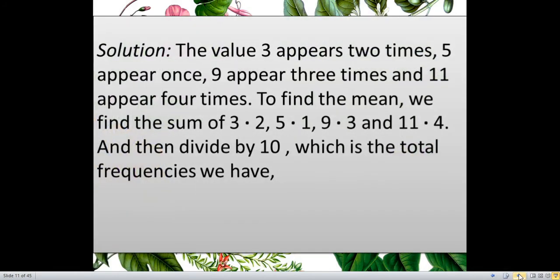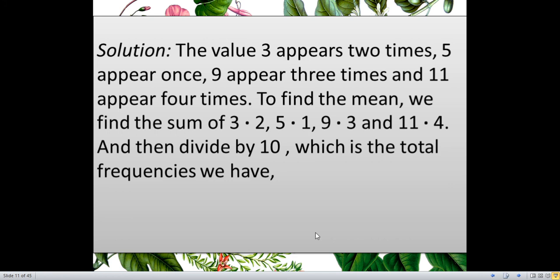But what will I do with the value? So here's the explanation. The value 3 appears 2 times, 5 appears once, 9 appears 3 times, and 11 appears 4 times. To find the mean, we find the sum of the given data. This time there's a multiplication first before you find the sum.